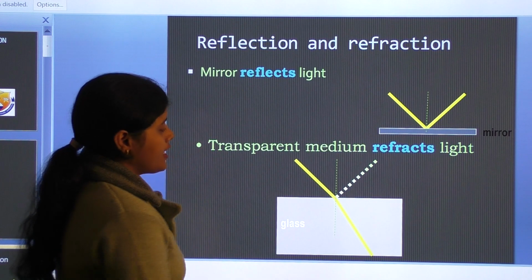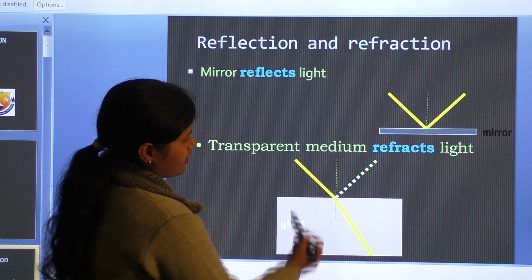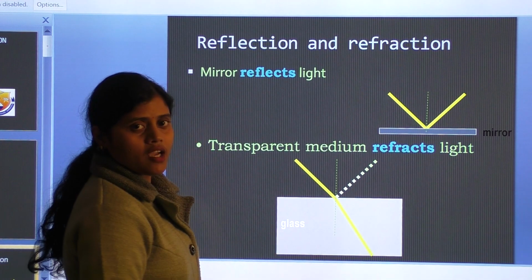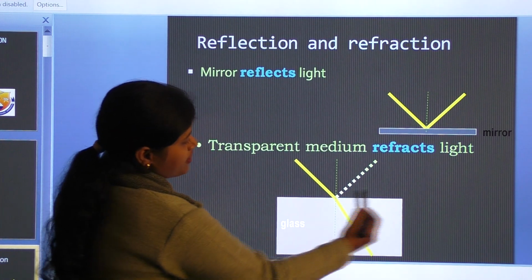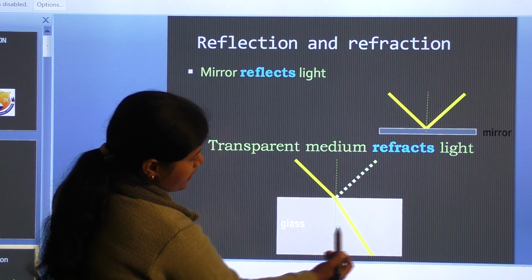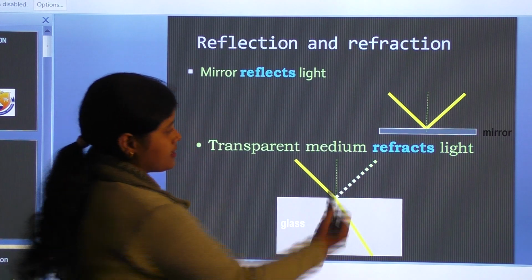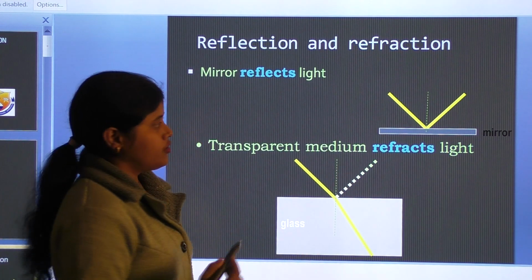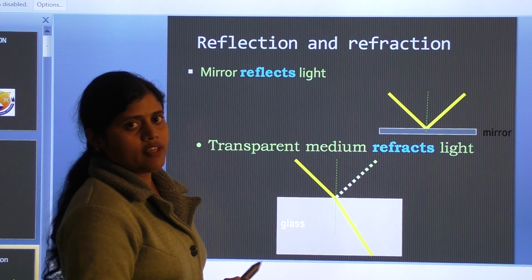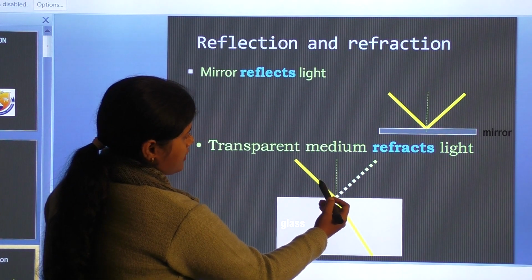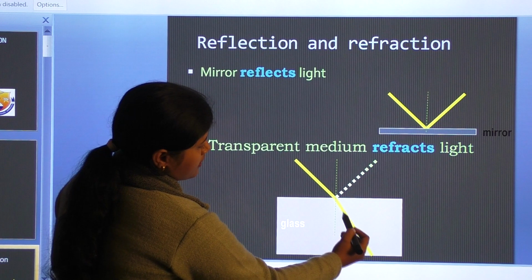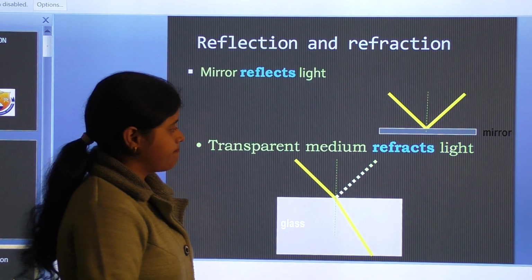If there were no glass here, the light could have gone in a straight line, but due to the presence of the glass medium, it has bent a little towards the normal, and this is the normal. Always know that the angle is always measured from the normal. This is the incident angle and this is the refracted angle.